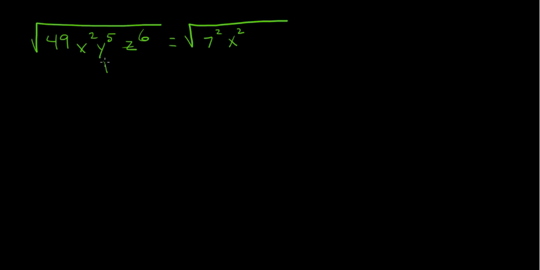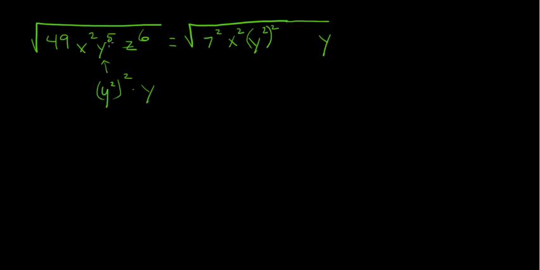Y to the fifth. Now look at y to the fifth. That's y squared, squared, times y. Why would I put it that way? Watch. Y squared squared, and then over here I'm going to put y.